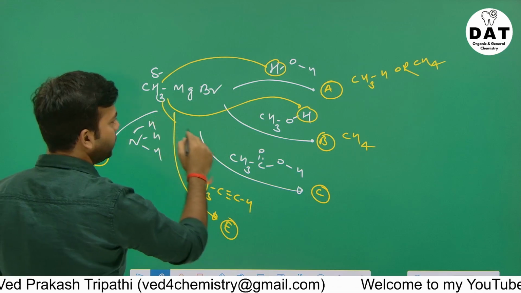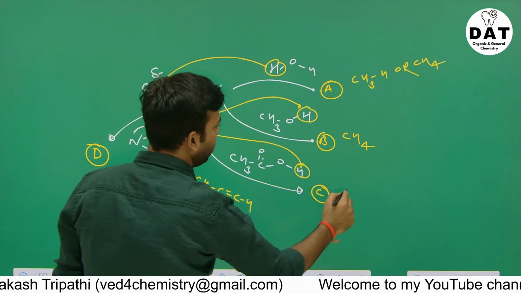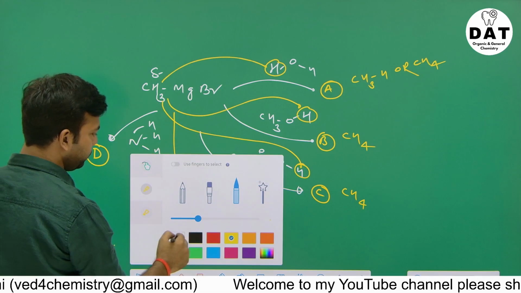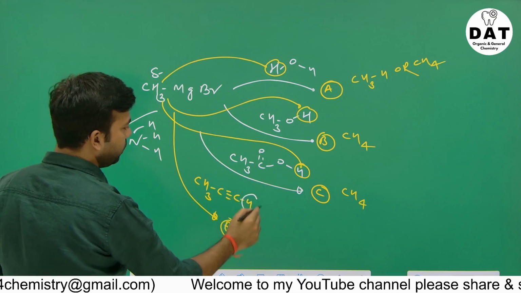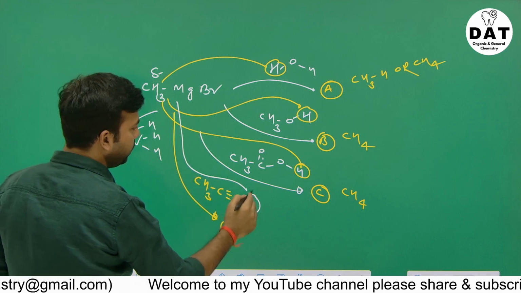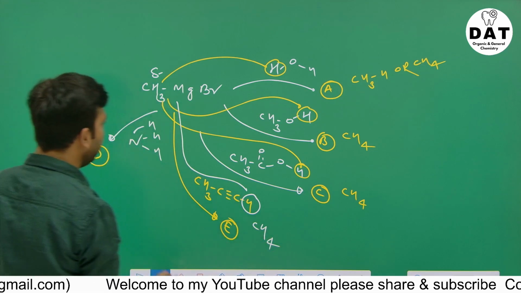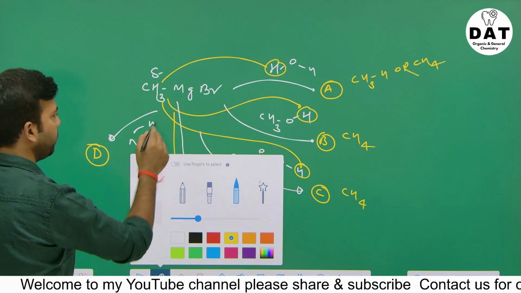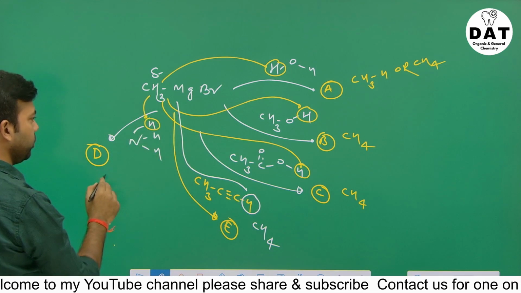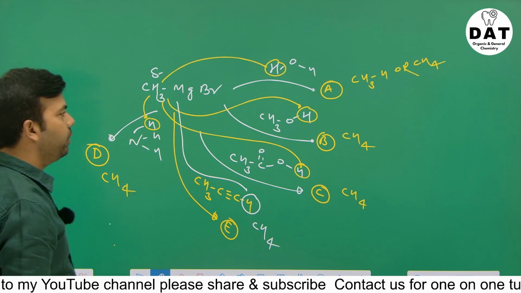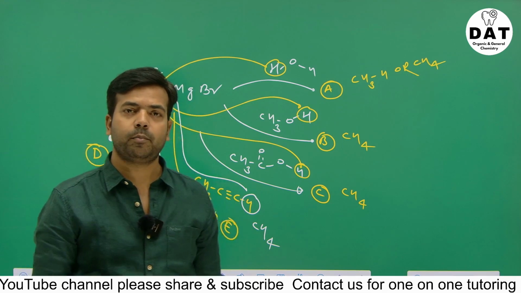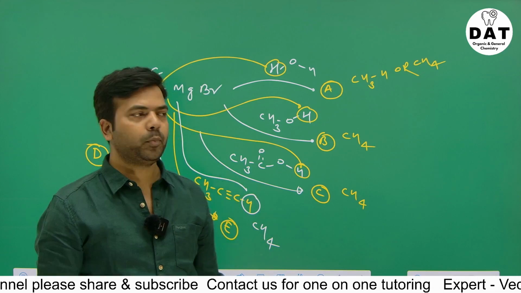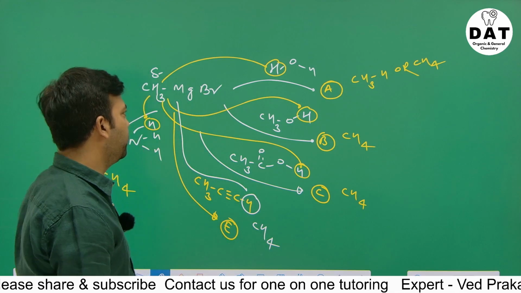Here as well, and here as well, again CH4. Makes sense? So whenever we have acidic hydrogen, the R part of the Grignard, the alkyl, can grab the proton and become a hydrocarbon, okay.